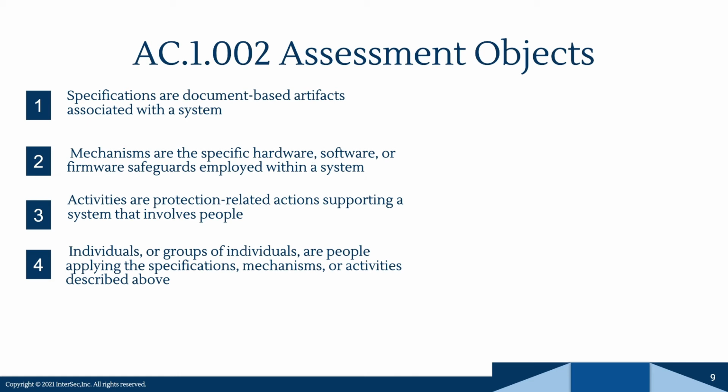The second one, mechanisms, are the specific hardware, software, or firmware safeguards employed within a system. The third, activities, are protection-related actions supporting a system that involve people. And finally, individuals or groups of individuals are people applying the specifications, mechanisms, or activities described above.